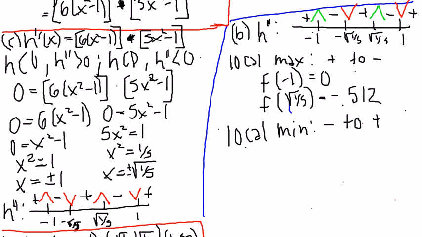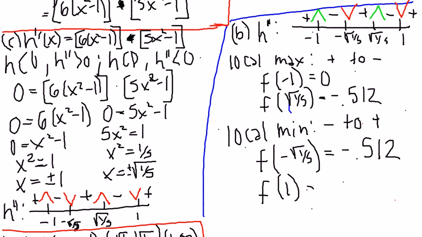So we can plug in, we'll just say f at negative root 1/5 will give us the same number as positive root 1/5, so negative 0.512. F of 1 also equals 0. All right, and that's it.